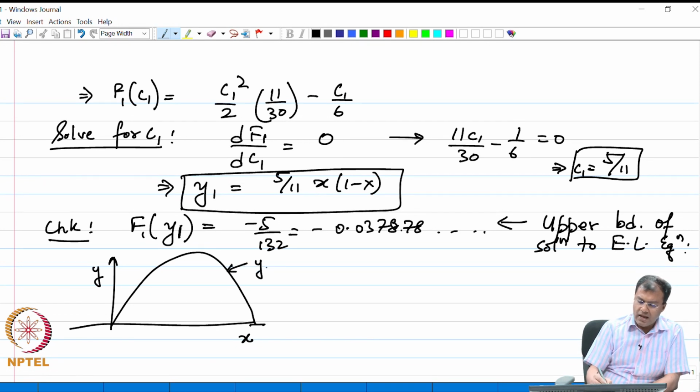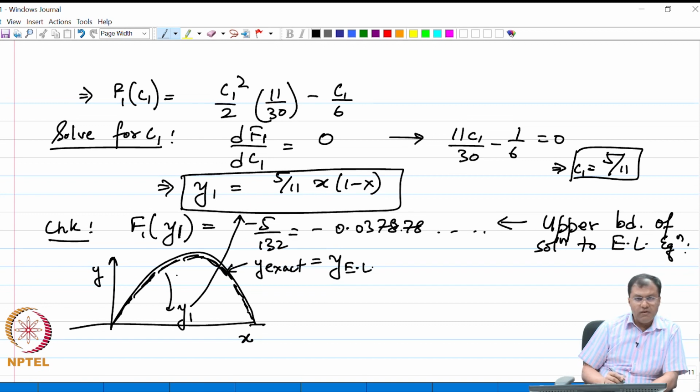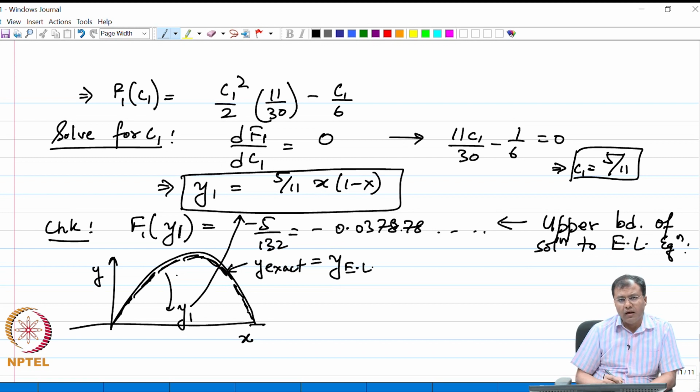This is the y exact, or the y obtained from the Euler-Lagrange method, and the solution that we obtained above, my y1, is quite close to the exact solution. So even with one basis function, we get a close enough approximation to the exact solution.